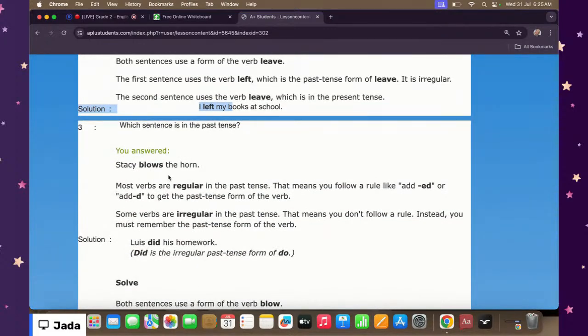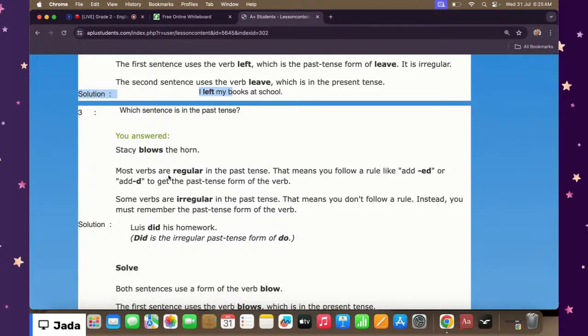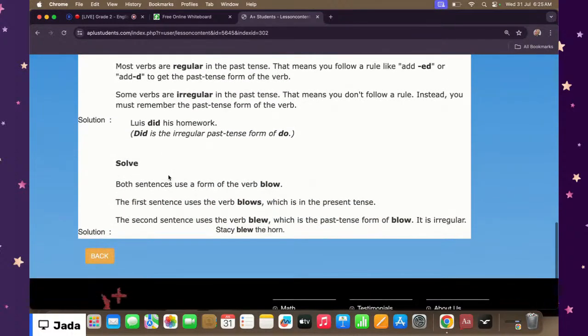Stacy blows the horn. Now, blow is in the present, and you have to figure out the past tense of blow, and it is blew. Stacy blew the horn. Okay?